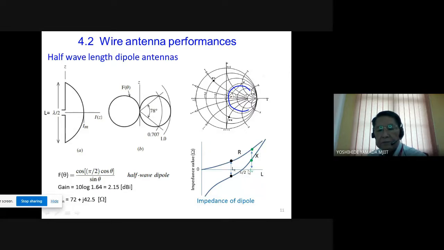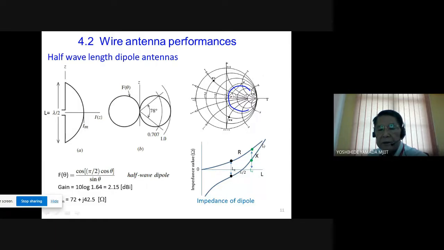At half wavelength size, it becomes this value. A little bit of inductive reactance appears. And by reducing the total length, the resistance reduces and the reactance part becomes capacitive.